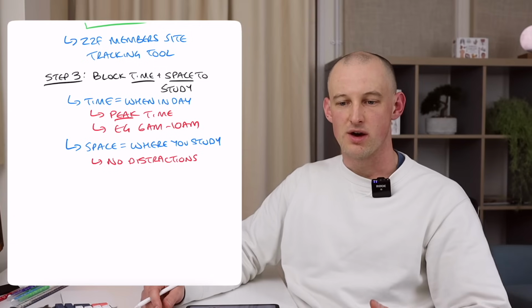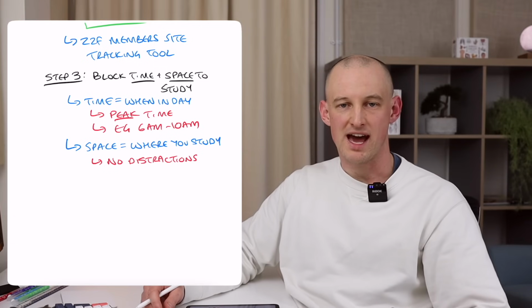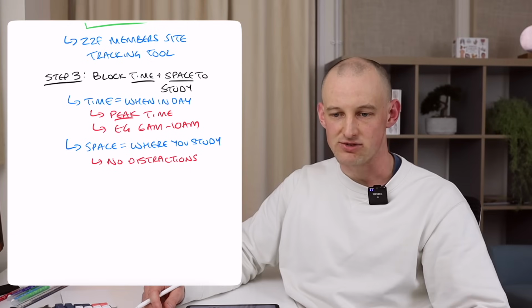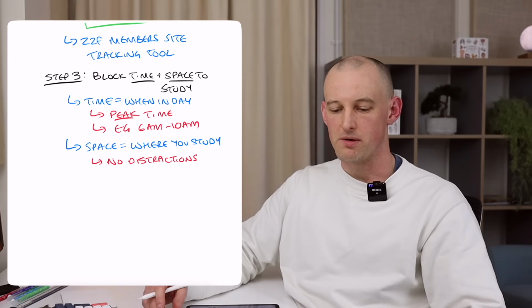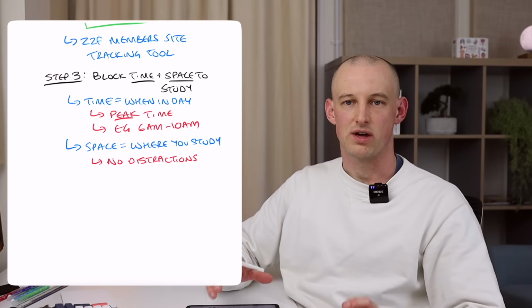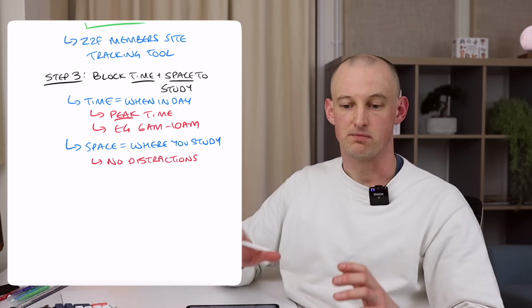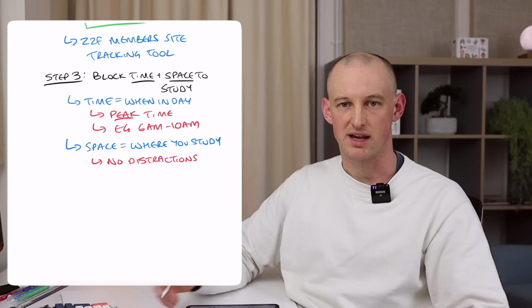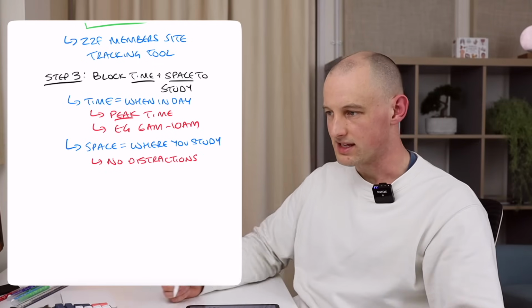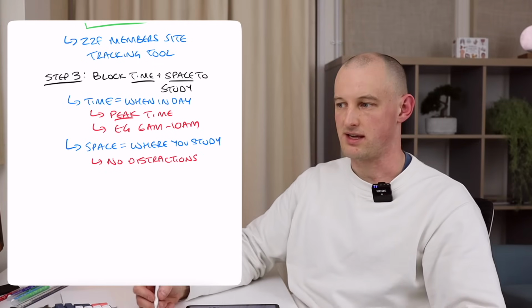I like to work somewhere that's not in my house, because when I'm in my house, I always find other stuff to do. I'm always distracted by something. So going to a specific place that is just for studying, and blocking off a specific time to go to that place, that's how you get stuff done. That's what's made a huge difference to me.